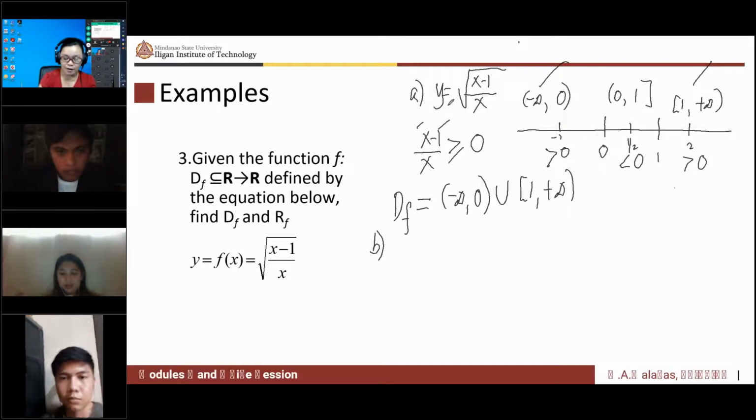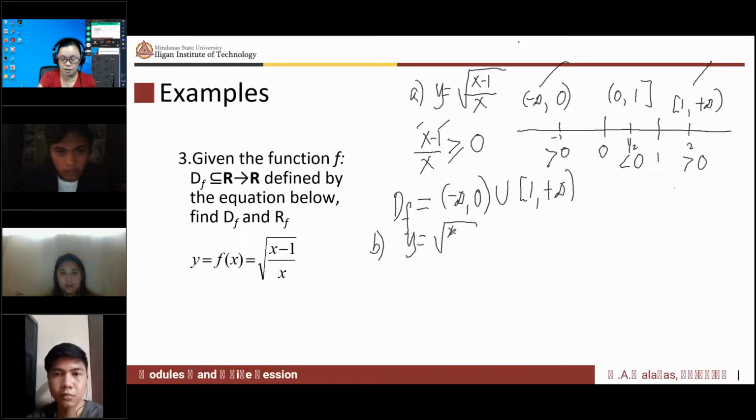We solved for x in terms of y. So how do we solve this one? From the previous discussion, if you have a radical equation of index one, you have to remove that with a square. So we have y squared equals (x minus 1) over x. Now we multiply both sides by x, so we get x y squared equals x minus 1.